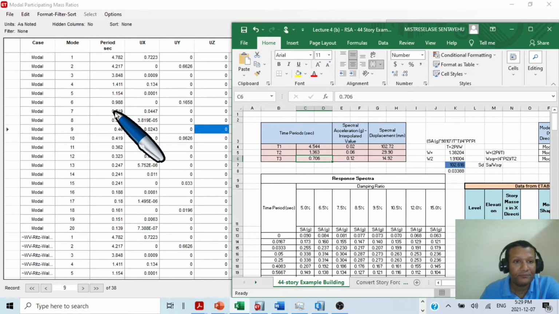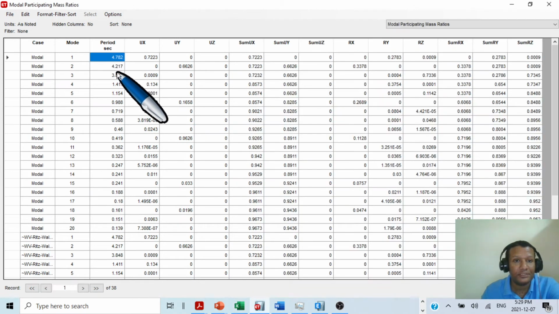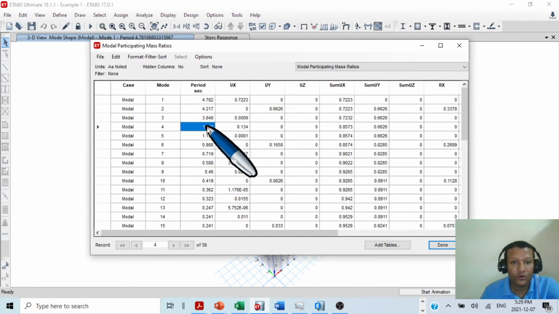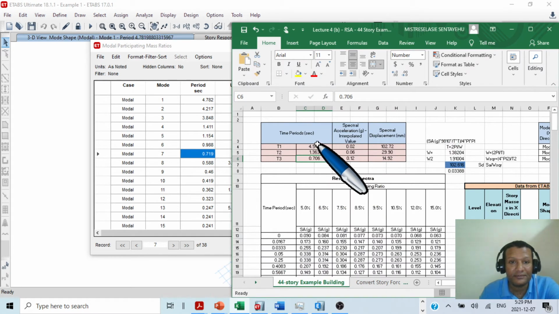Because we are checking only in the x direction, I am using the first, fourth, and seventh. These are the time periods.